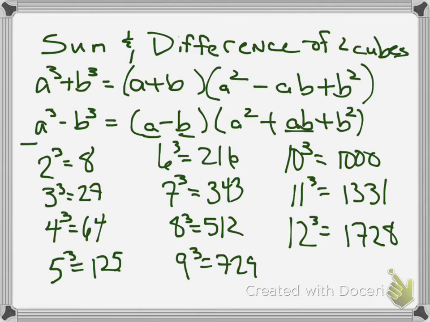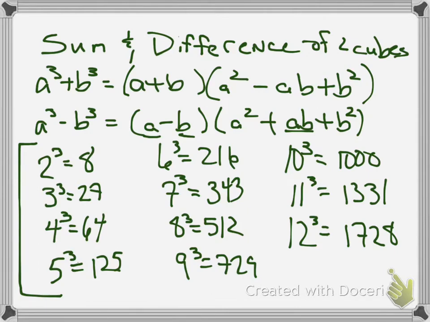Keep in mind your perfect cubes: 2 cubed, 3 cubed, 4 cubed, 5 cubed, and so on. I would recommend making sure you have your cubes on a table, because there's only so many cubes you can have. And then have this formula.